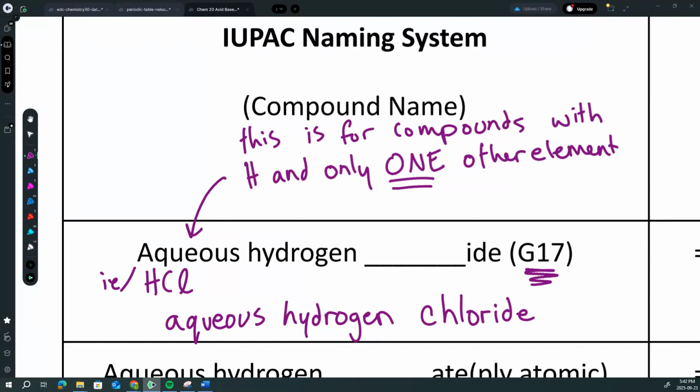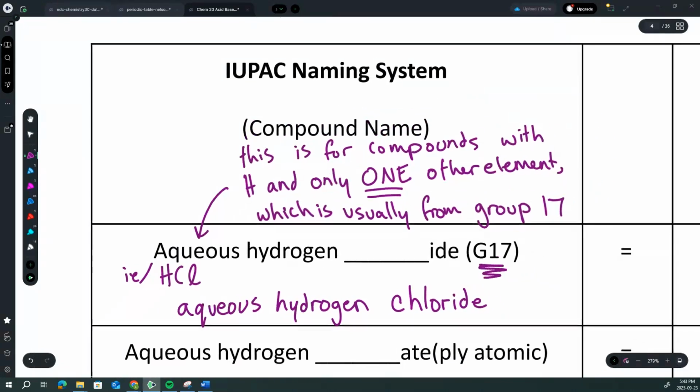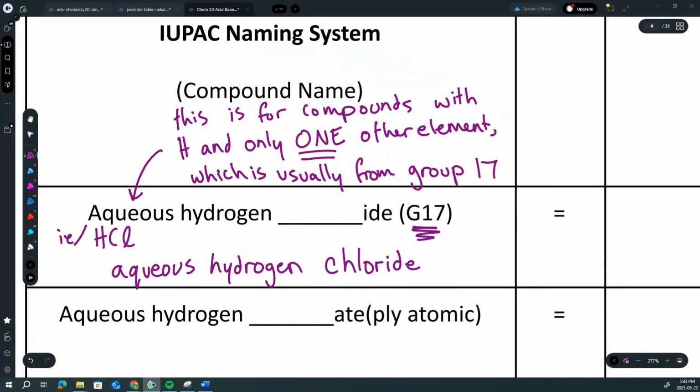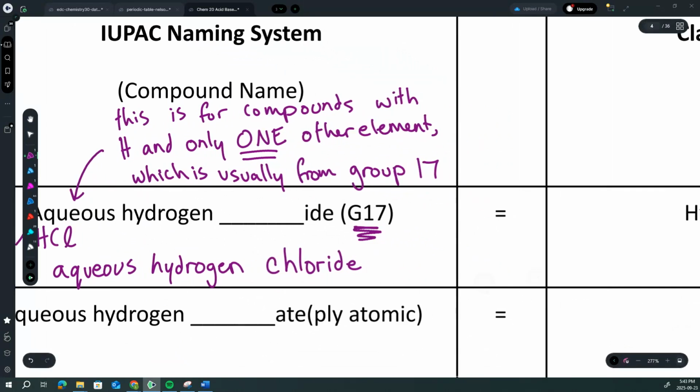And that one other element is usually from group 17. Alright, so that's how we would typically name a compound like HCl. We would name it aqueous hydrogen chloride.